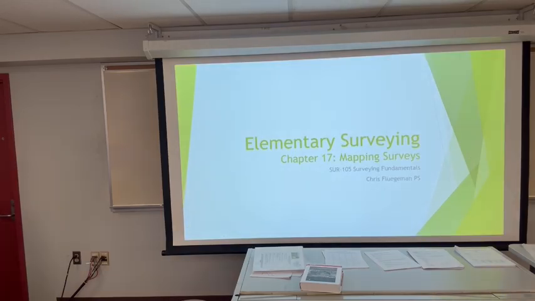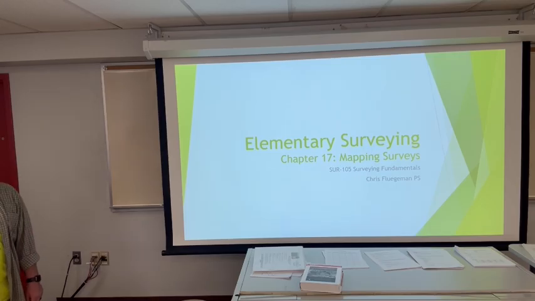Okay, so this week what I want to talk about is chapter 17 in the elementary surveying book. It is mapping surveys. Please read the chapter. This is just a summary review of the chapter, not meant to substitute for reading. Talk about mapping surveys today.